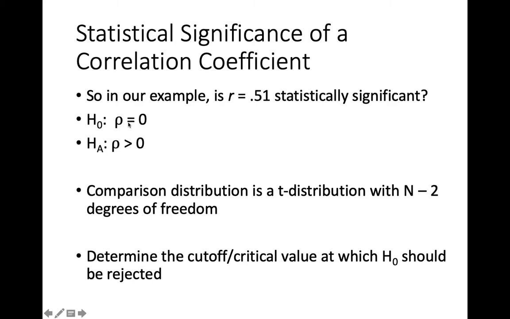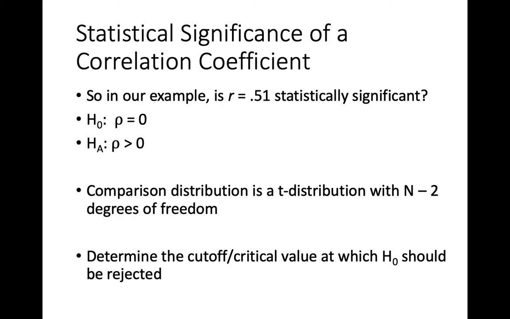Null hypothesis would be that the true population correlation is 0. And let's just say that we're going to have a one-tail test in this case, that we're going to make a directional hypothesis, and we are going to predict that no, actually the true population correlation is greater than 0.